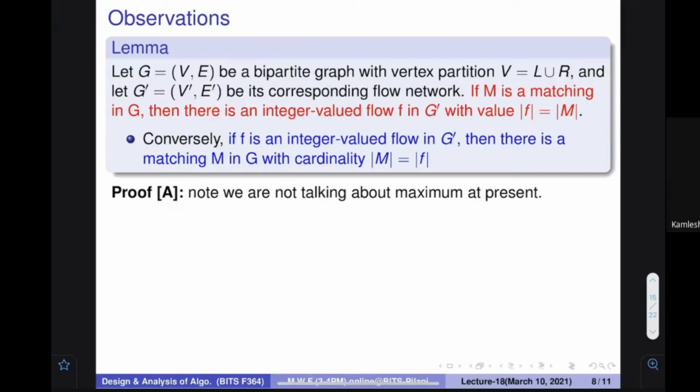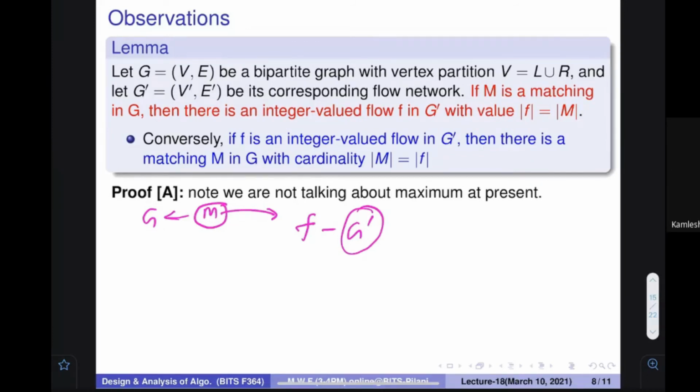We had a graph G, and if you give me any matching M, I am saying that I can use this to create a flow inside G'. If you give me this matching, then I can create a flow in G'.